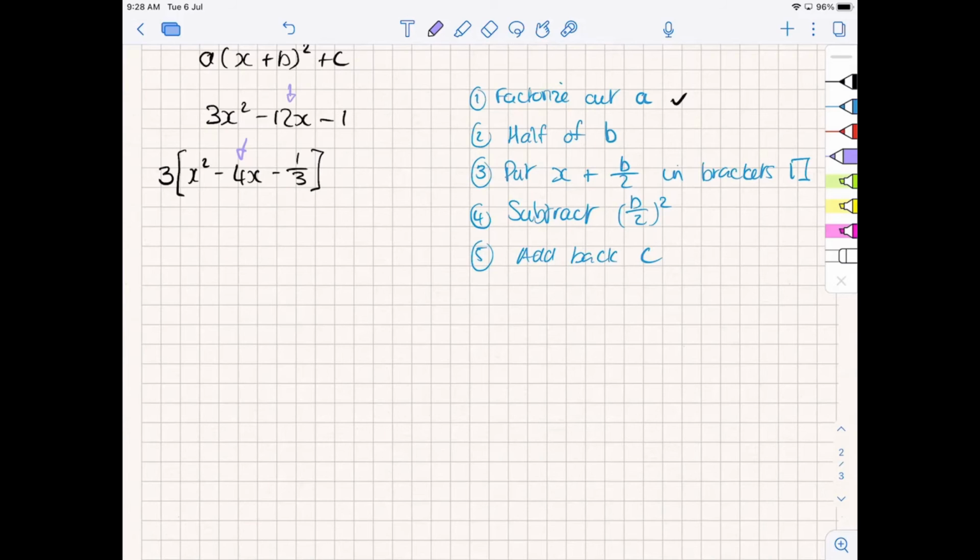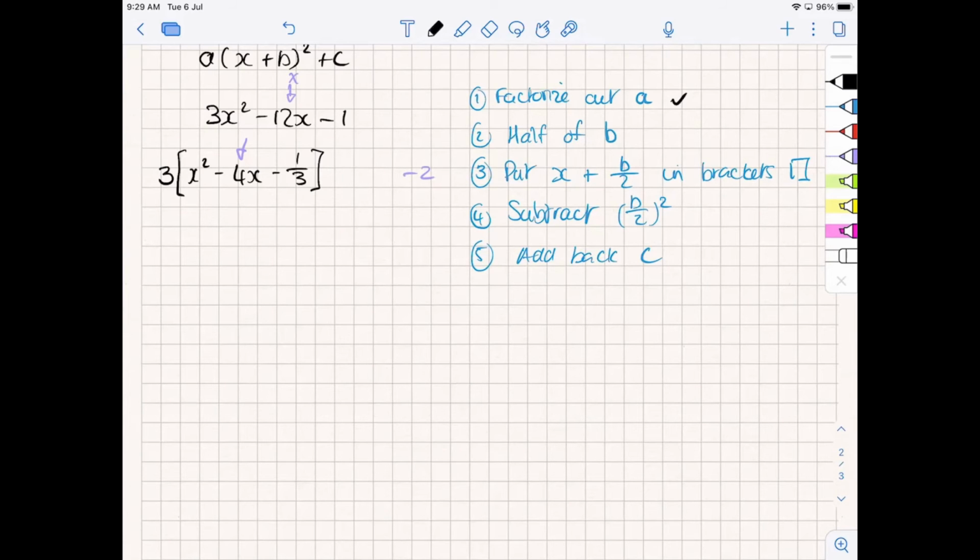Half of b would be minus 2. We're looking at the minus 4 inside the bracket, and half of that is negative 2. You can even write it off to the side to remind yourself what half of b is. Sometimes half of b is not going to be a nice number, sometimes it's going to be a nasty number. I'm just purposely picking nice ones so we don't have to deal with that right now.